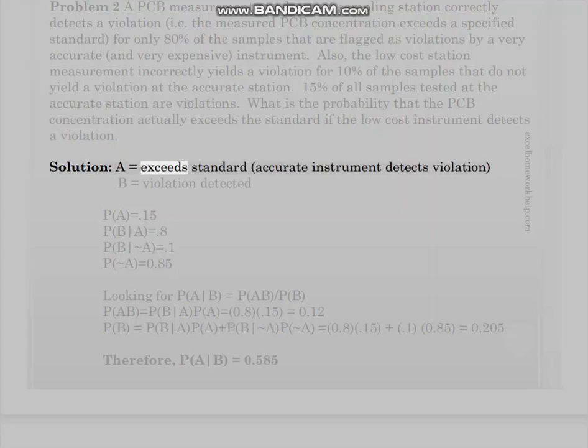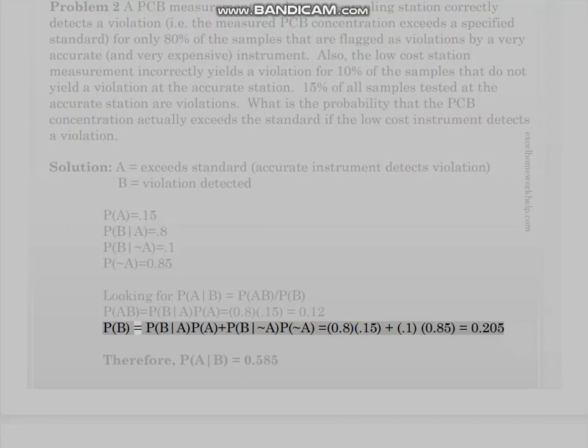Solution: A equals exceeds standard, accurate instrument detects violation. B equals violation detected. P(A) equals 0.15, P(B|A) equals 0.8, P(B|not A) equals 0.1, P(not A) equals 0.85. Looking for P(A|B) equals P(A and B) divided by P(B). P(A and B) equals P(B|A) P(A) equals 0.8 times 0.15 equals 0.12.